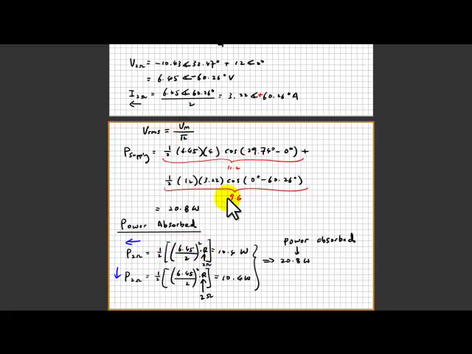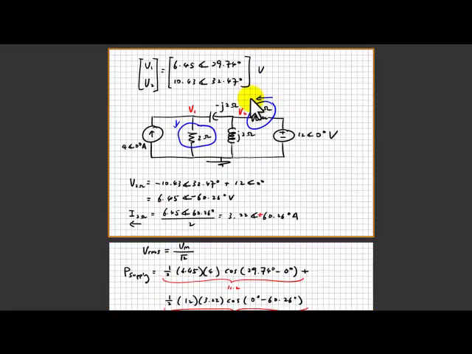So you have square root of 2 multiplied by square root of 2, you get 1/2 of that. And 6.45 is divided by 2 because you want to find the current, and then the square root of 2 squared amplifies that, multiplied by the 2 ohm. This 2 cancels out. 6.45 divided by 2 will be close to 3.2-something, squared, which gives you 10.4 watts. So this sign is referring to power going in this direction.